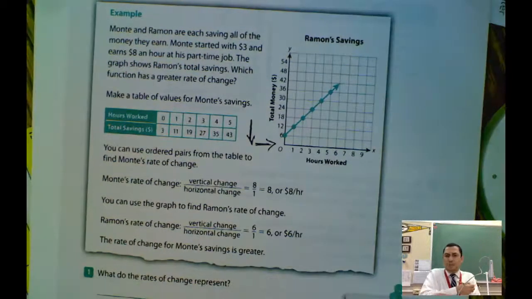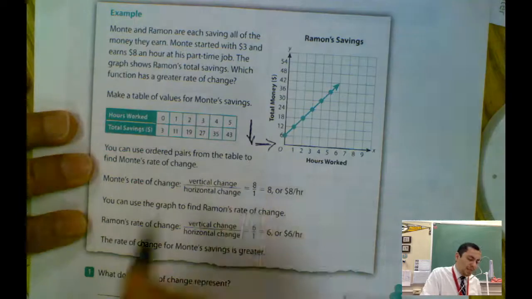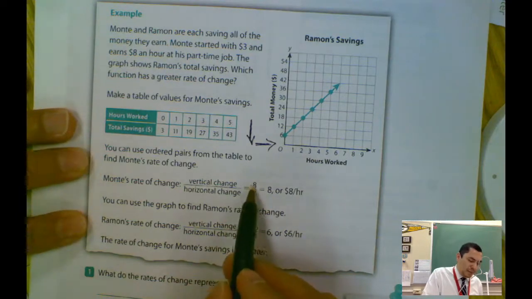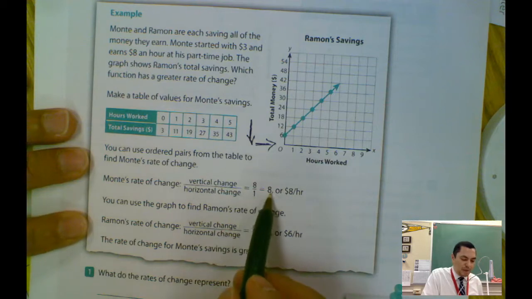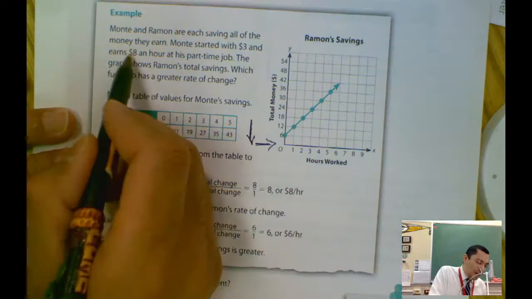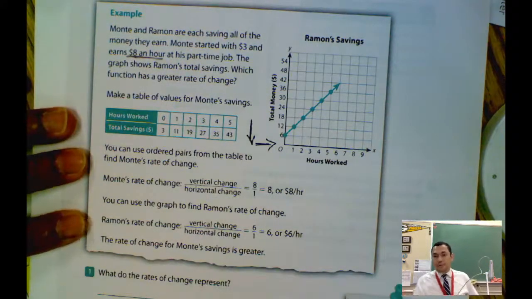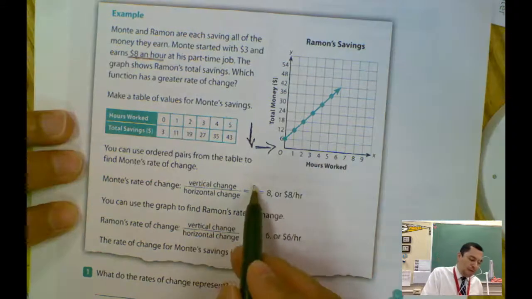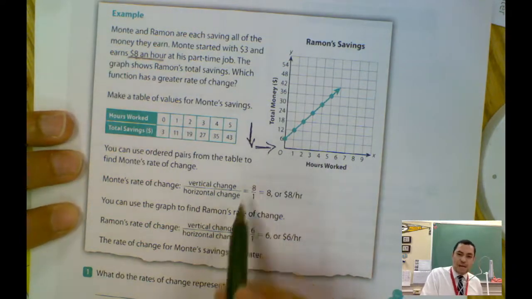It's like rise over run. The vertical change is 8, okay, and the horizontal change is 1. So we have 8 over 1, or $8 per hour, and we have it here, $8 an hour. That's what it's referring to. For every 1 hour, he earns $8.